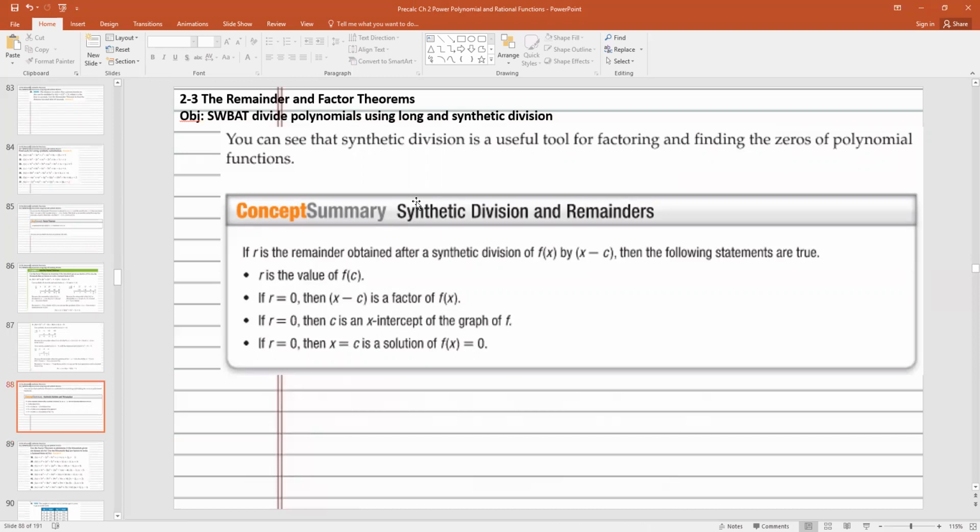If R is equal to 0, then x minus c is a factor of f of x. If R equals 0, then c is an x-intercept of the graph of f. That's what it means to be the solution. And if R is equal to 0, then x minus c is a solution of f of x equals 0.